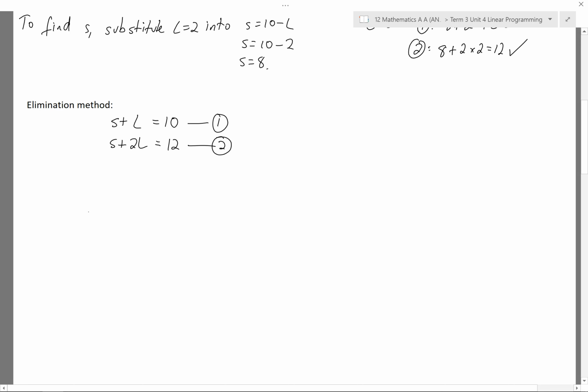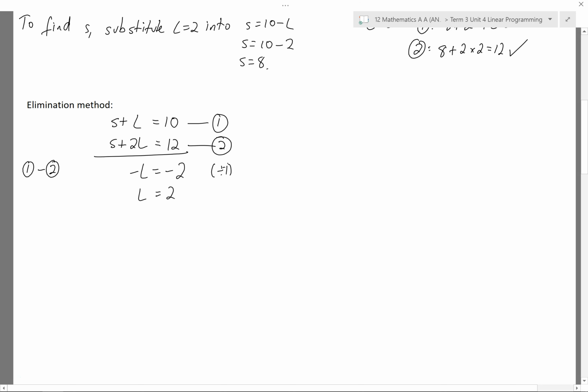So what I can do is take equation 1 and subtract equation 2, subtracting the bottom line from the top line. S minus S gives me nothing. L minus 2L will give me negative L, and 10 minus 12 will give me negative 2. I can then divide both sides by minus 1 and get L equals 2.